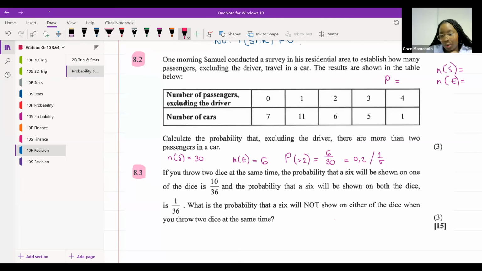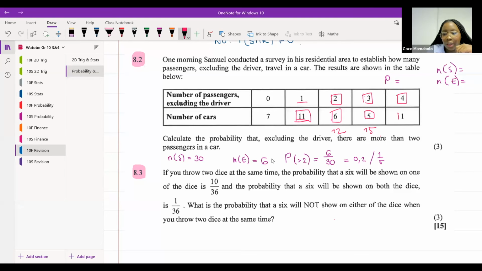Okay, excellent. Here's my second question, Teacher Nels. If we had to count the probability, excluding the driver, that there are more than 2 passengers, yes, we've done this question correctly. Because in my head, I was thinking, if there's one passenger in 11 cars, that's 11 people. If there are 2 passengers in 6 cars, that's 12 people. If there are 3 passengers in 5 cars, that's 15 people.